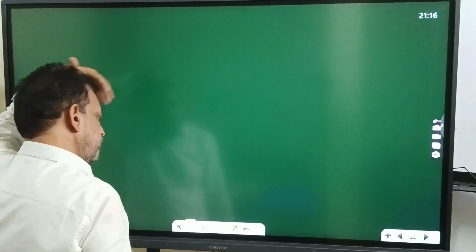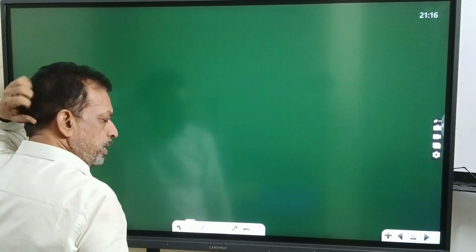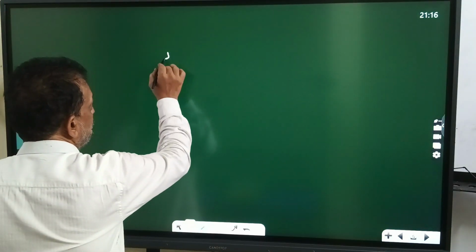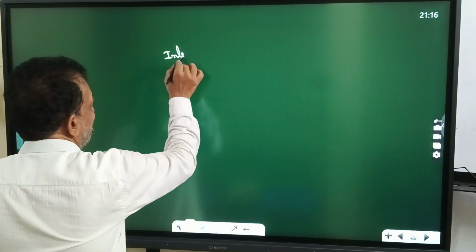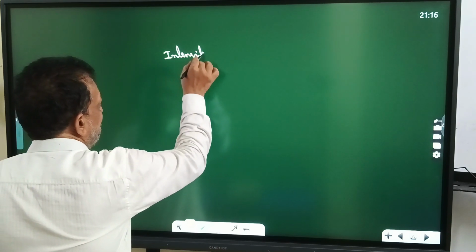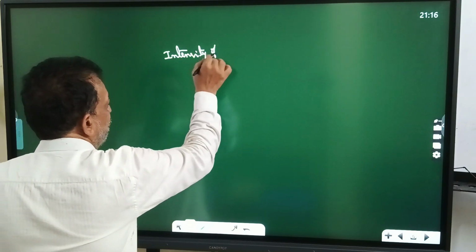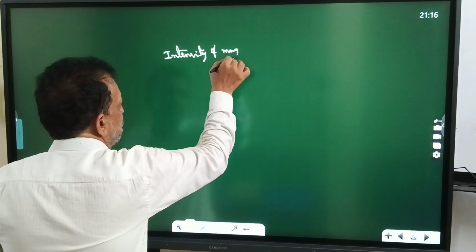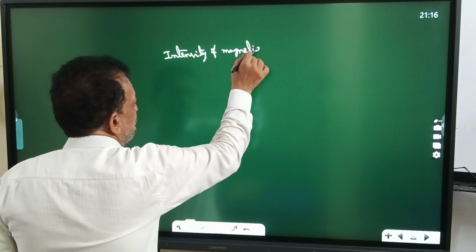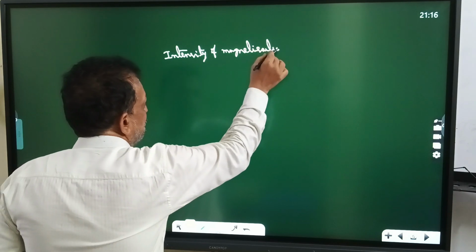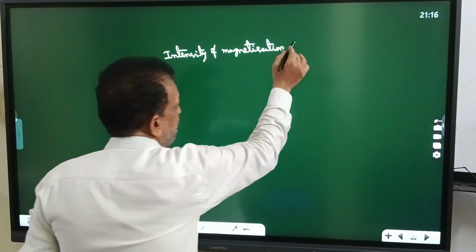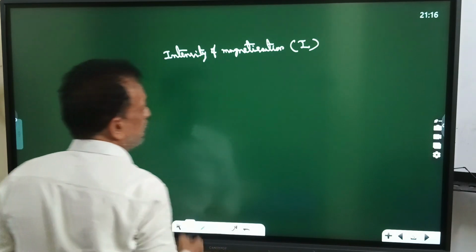Okay, right. Next, intensity of magnetization. Symbol is I. Okay, sir.